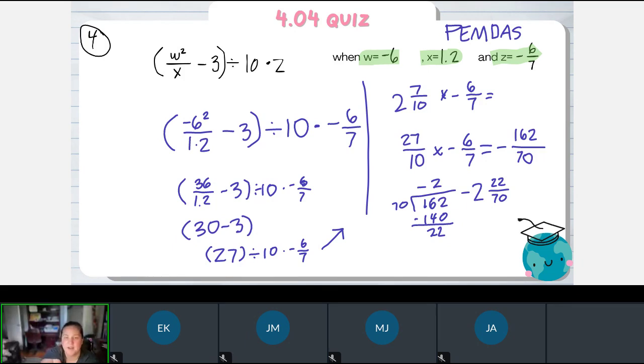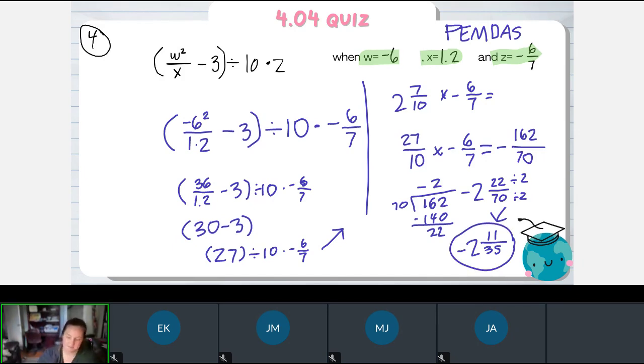Yes, you can. You can divide the top and the bottom by 2. And when you do that, you're going to get -2 and 11 over 35. Circle that. That would be your final answer.